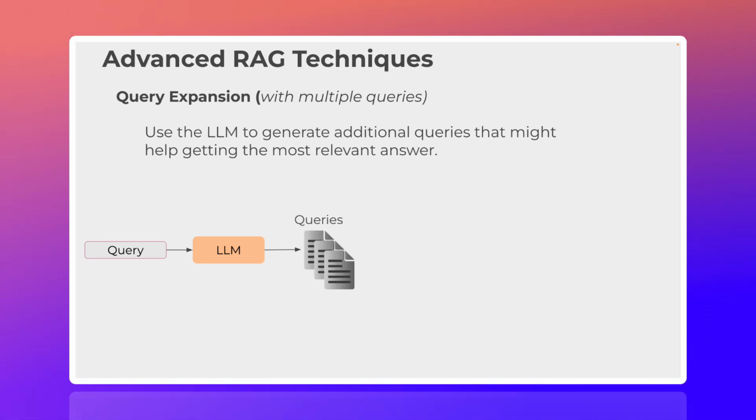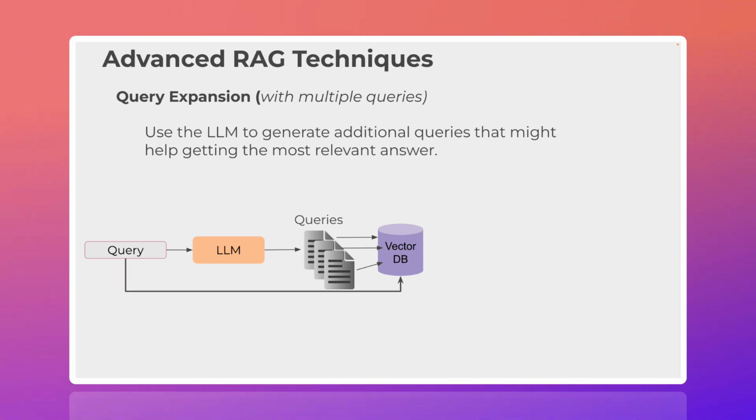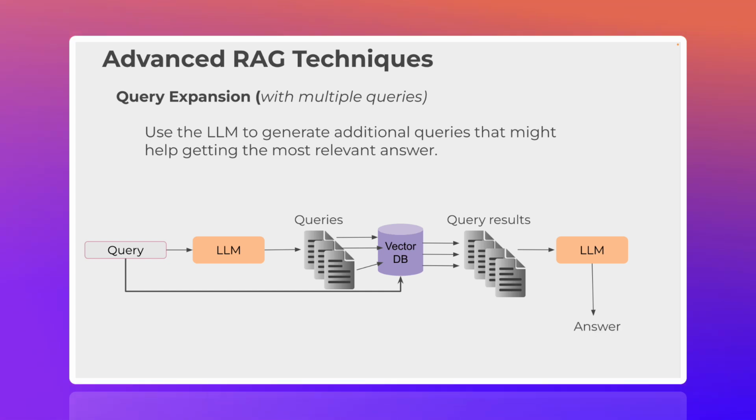We use the large language model to suggest additional queries, and then we retrieve results for the original and new queries through the database or vector space. And then we send all those responses to the large language model for a final relevant answer. So that is the overall workflow of how query expansion with multiple queries works.